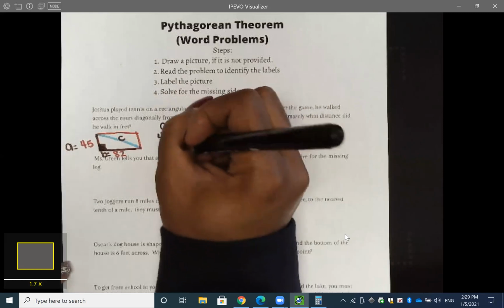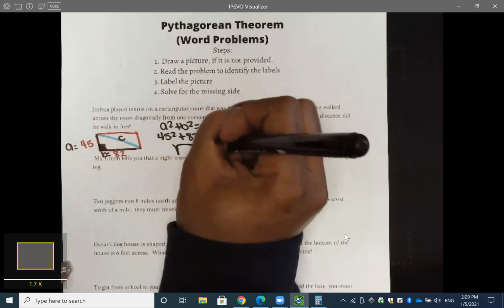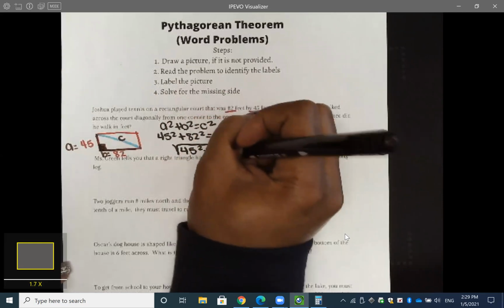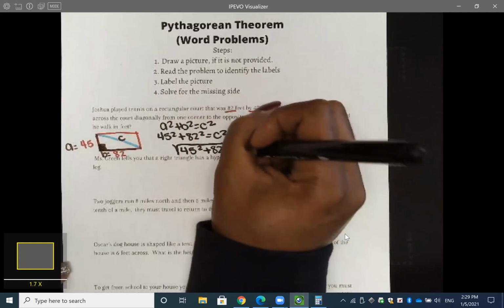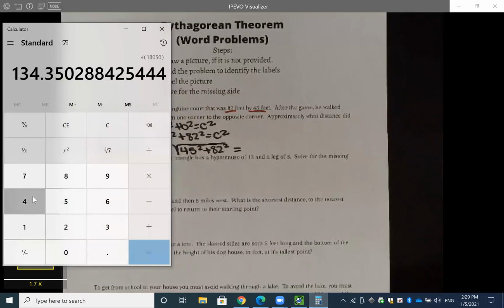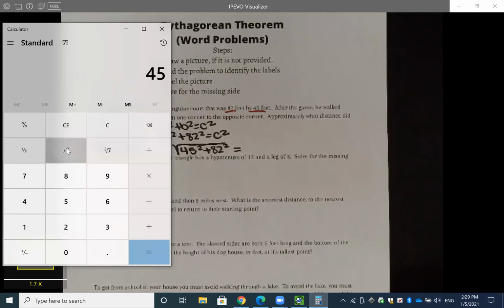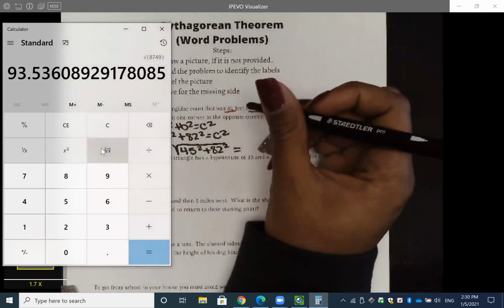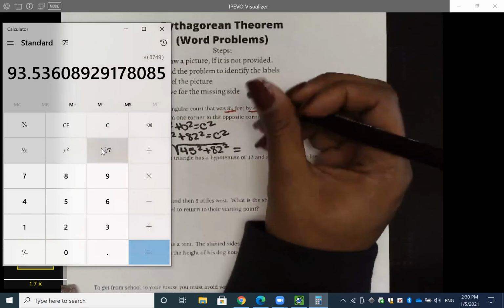I'm going to take the shortcut and just do square root of 45 squared plus 82 squared, and that will give me my answer. So I'm going to pop up my calculator and I'm going to clear this out and go 45 squared plus 82 squared equals, and then take the square root of that. So my answer is 93.5.